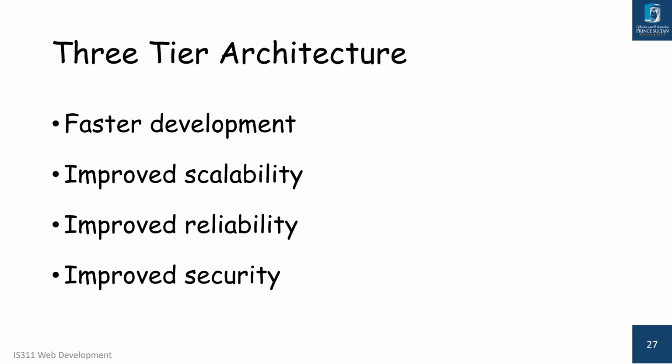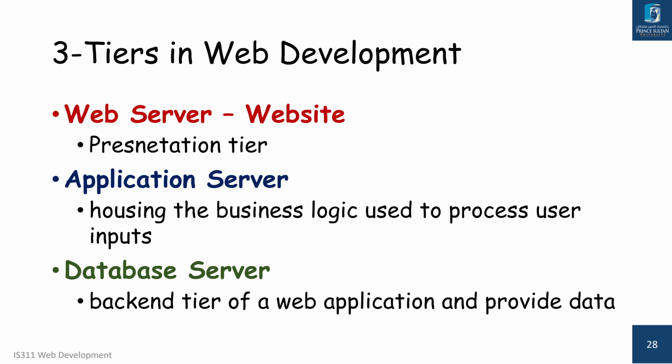Because we have different experts and dedicated teams managing the different tiers, we can implement security as well, especially for the data part. In the data tier we need very high security, and whenever we send information from one computer to another, we implement encryption mechanisms so that we can secure the data over the internet as well.